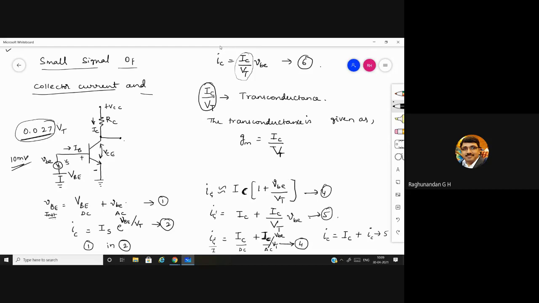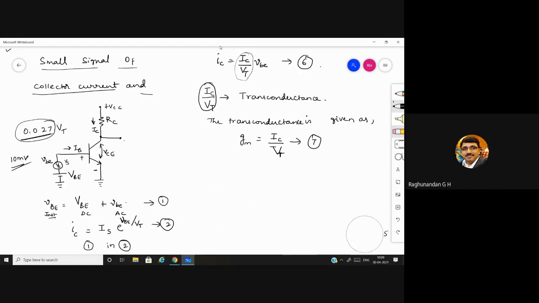Take this as equation number 7. Once you get the transconductance equal to IC by VT, putting 7 in 6, what will you get? IC is equal to GM into VBE.